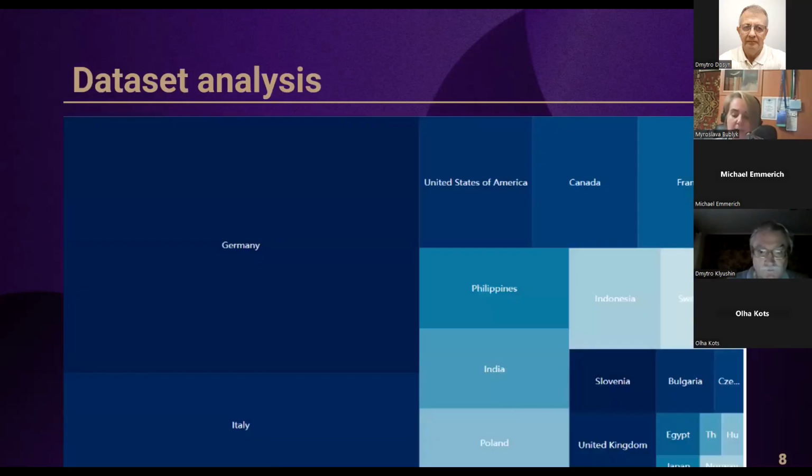On the next slide, in the given diagram, the treemap reflects hierarchical data in nested rectangles. The slide depicts countries according to the quantity approach specified in the dataset. Analyzing the current treemap, we can see significant morbidity in countries such as Germany, Italy, Canada, and the USA.